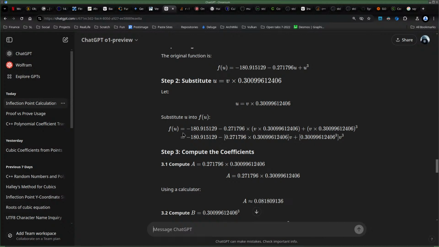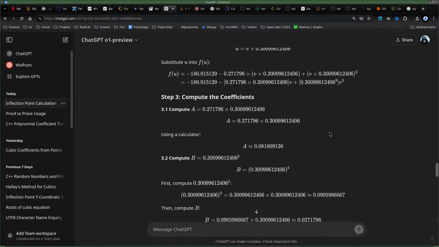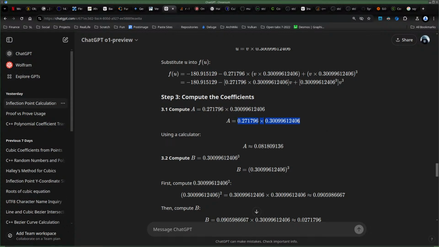Did it do that? That times u plus that to the power 3. Yeah, okay, and then let's assume that it can calculate that these days. Using a calculator, really? It has a calculator. Oh, looks good actually. It's about a third of this, so that would be 0.09-ish. But it is less than a third. So, okay.